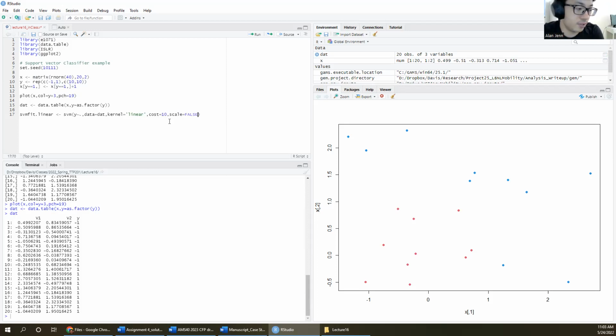And scale equals false. Okay, so what's the scaling?